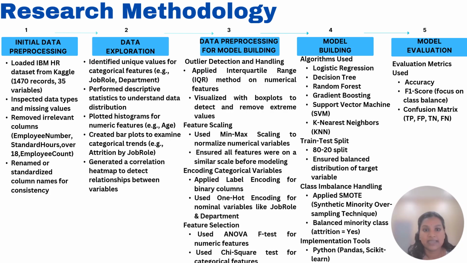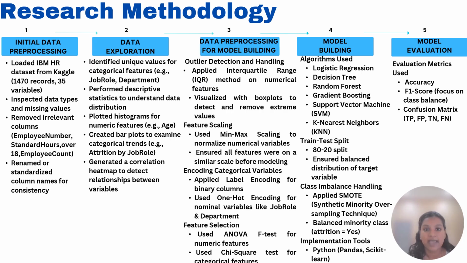Step 3. Data preprocessing for model building. Before building the model, I applied further preprocessing. Outliers in numeric features were detected and handled using the interquartile range (IQR) method. I visualized these with box plots and identified extreme values. Then I used min-max scaling to normalize the data, ensuring all numeric features were on the same scale.